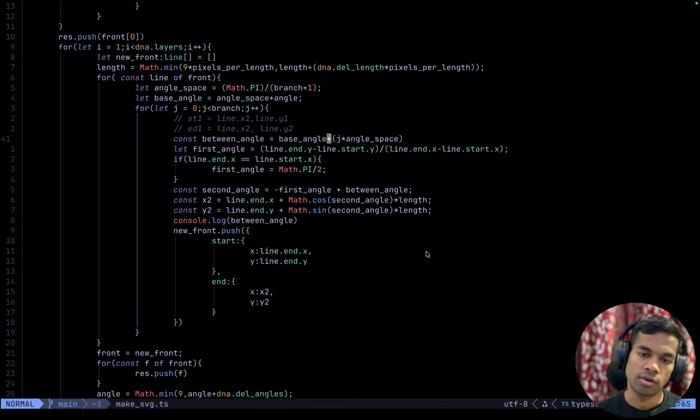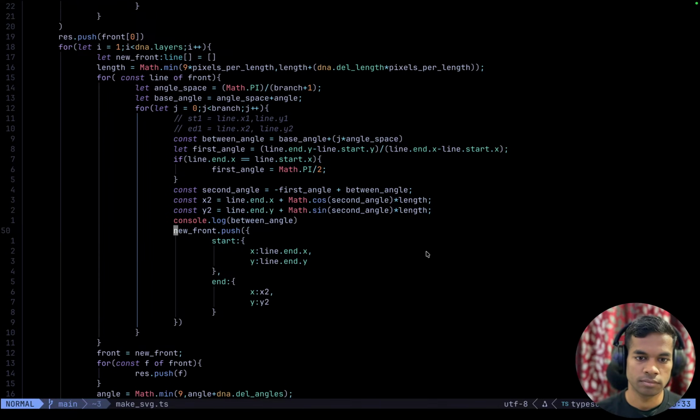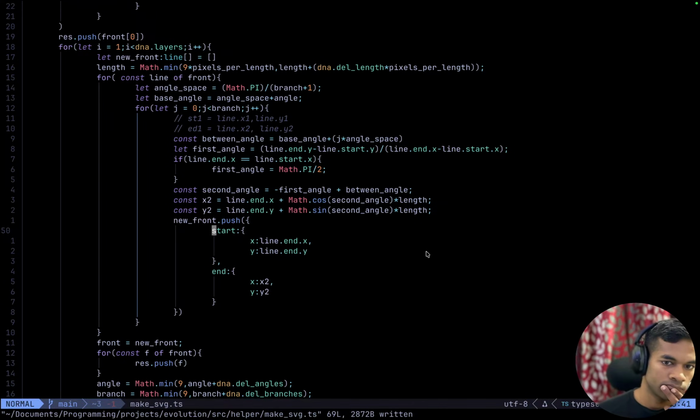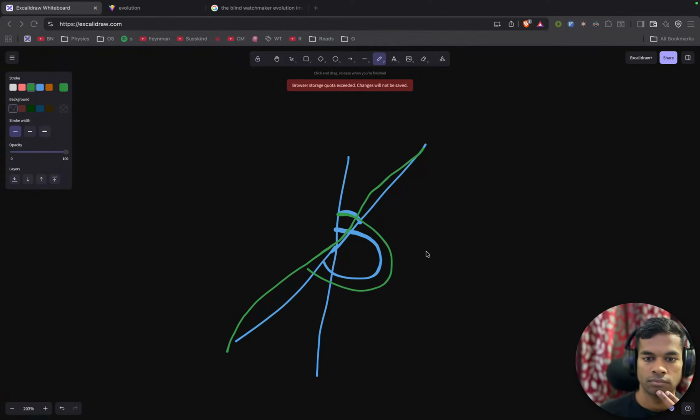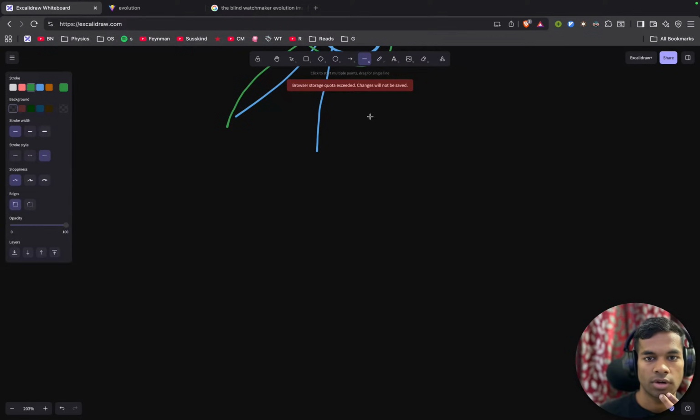Const between angle equals base angle plus j into angle space. Base angle, first angle. Hmm, that makes sense. And second angle between this. No, this is not right.